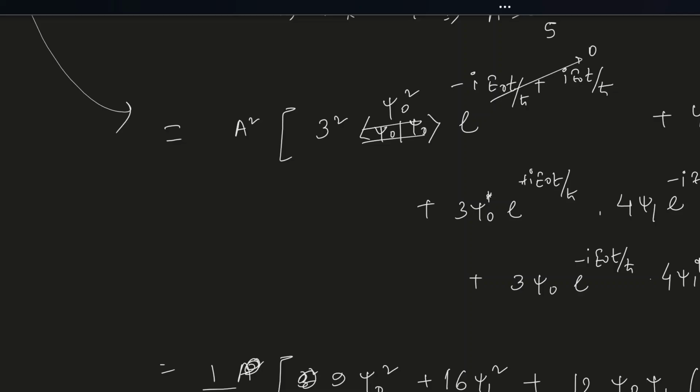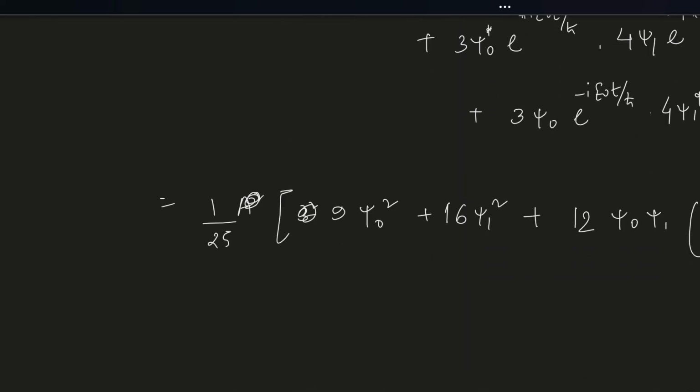So that makes it 2 cos x, where here x is, sorry, not i, (E naught minus E1) t by h cut.